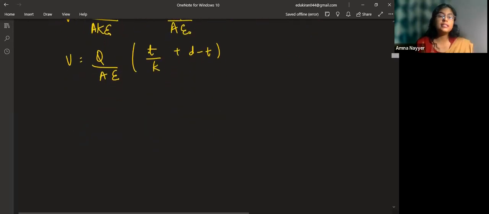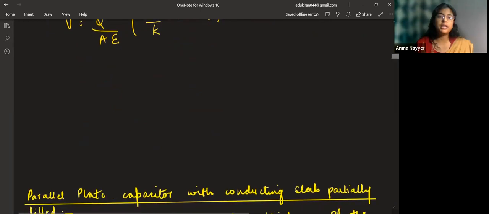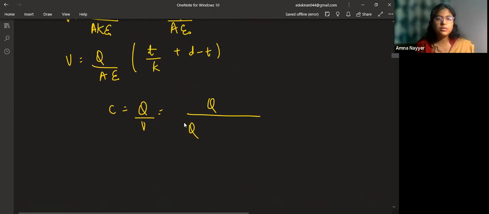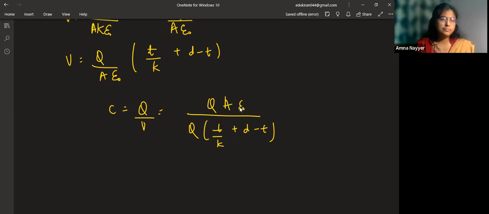Now, what was the last step? We have obtained the potential. What will be the capacitance? Charge by potential. Charge divided by, what is the value of potential? Look here. Q, this entire term, T by K plus D minus T, this entire term here. And A into epsilon naught will go up. Right?